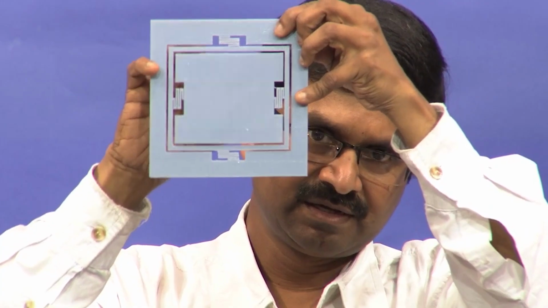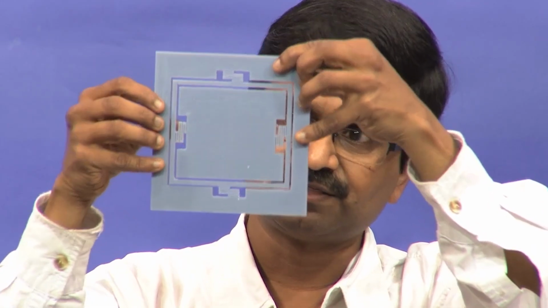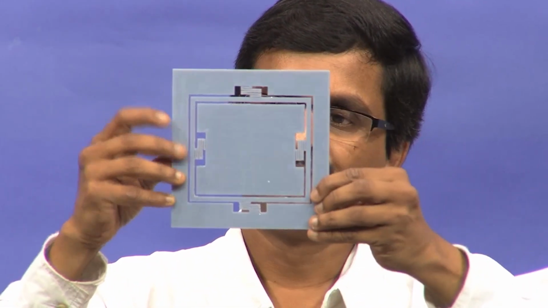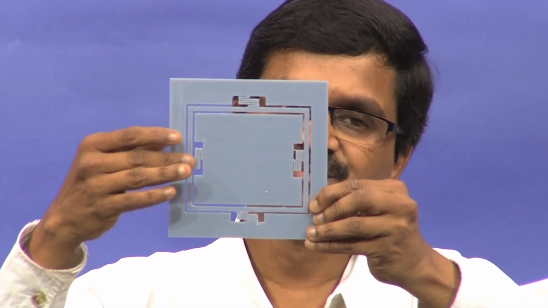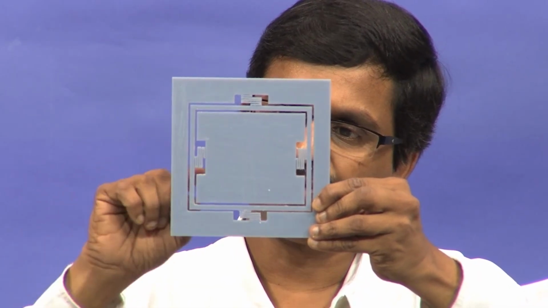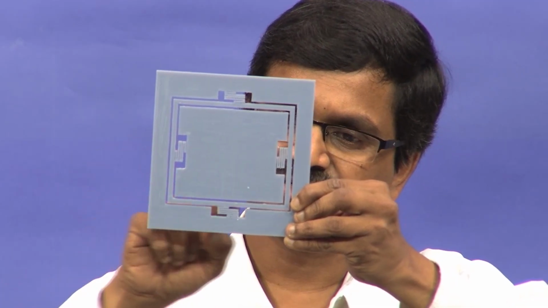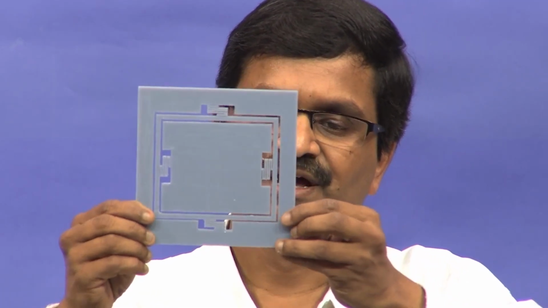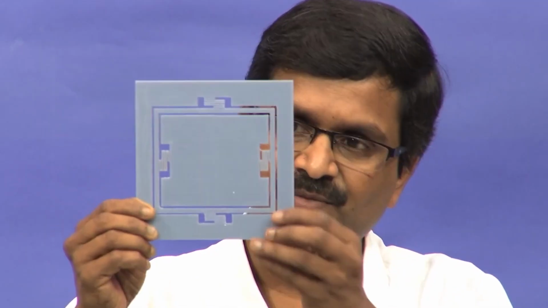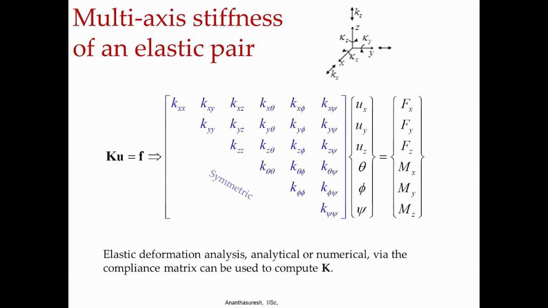I can rotate about this axis like that, I can rotate about this axis, and in fact we have made it in a way that you can see these beams easily, but you do not have to remove all this material. This material can be there, and they can be tiny slots. If you are using silicon etching, you can't see, you will see only a plate, but a center one can rotate about 2 axes. Such flexures also can be done, and people have used a number of designs like this, very ingenious designs that they have.